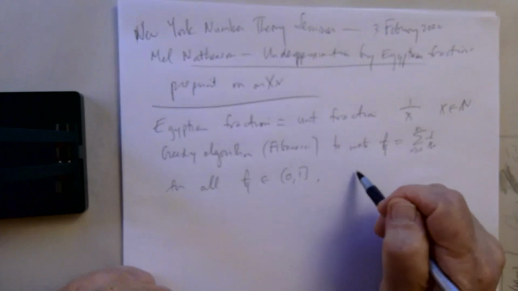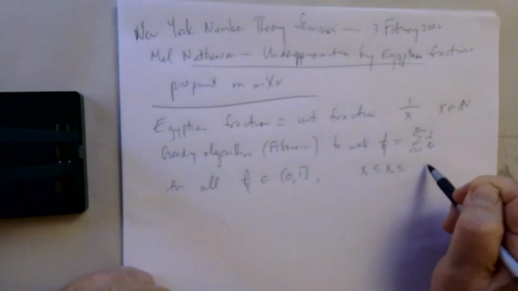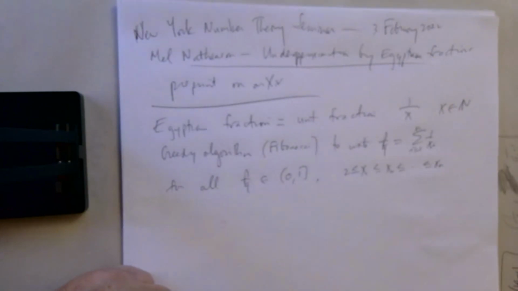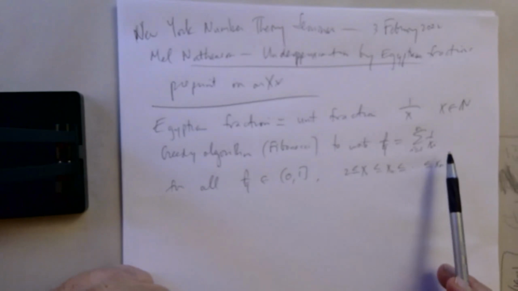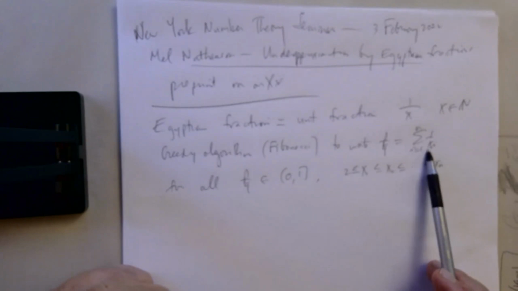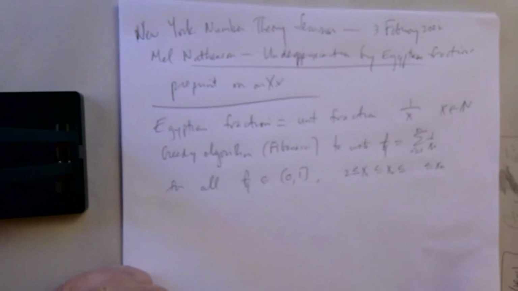And you write the fractions in increasing order, and the smallest is at least 2. The greedy algorithm is simply, at every step, choose the largest Egyptian fraction, which means the Egyptian fraction with the smallest denominator that's less than or equal to what you've already calculated.